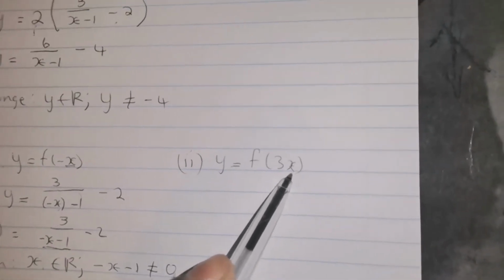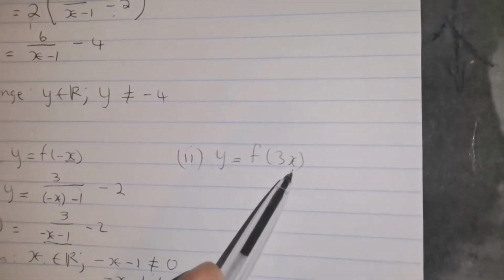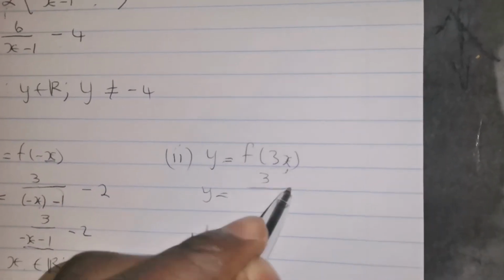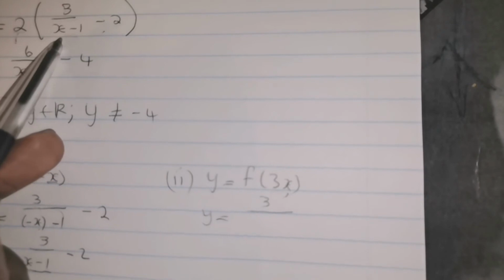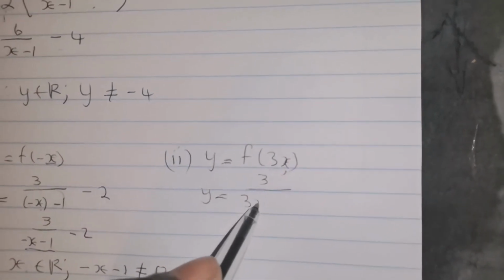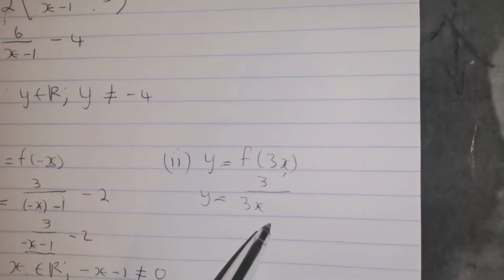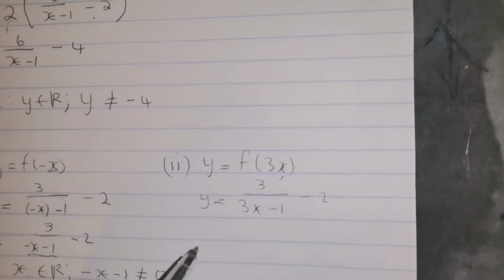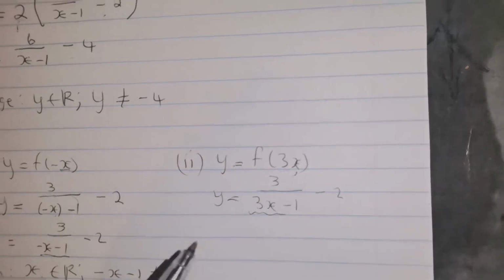Number 2, they say that when y is equal to f at 3x, because x is implicated, meaning you're going to substitute 3x where you see x. Simple, right? Y is equal to 3 over, here's x, you put in 3x where you see x, minus 1, minus 2, then you are done. Domain, you come back here again.